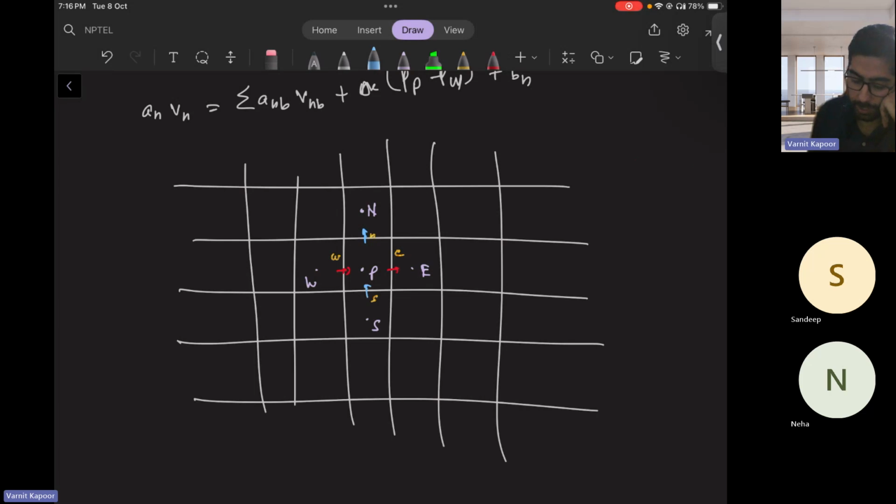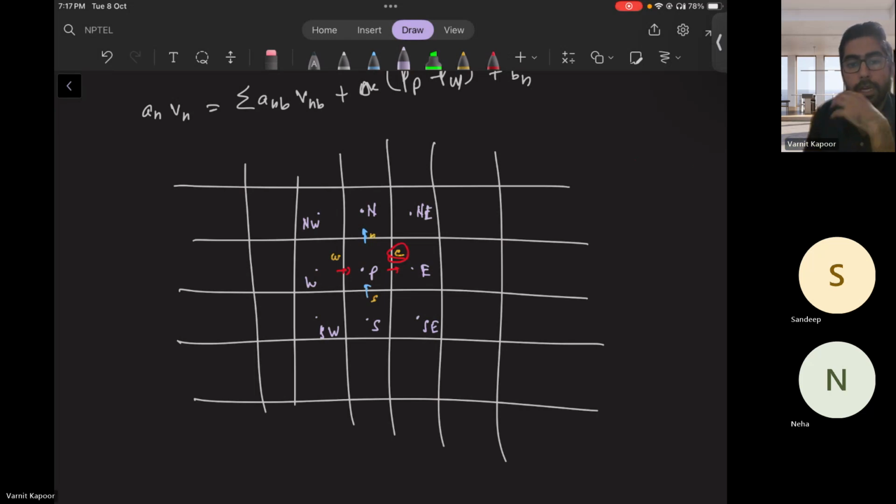Now this velocity at east has the neighbors this, this, as well as, I'm writing these as northwest, this as southwest, this as southeast, this as northeast.